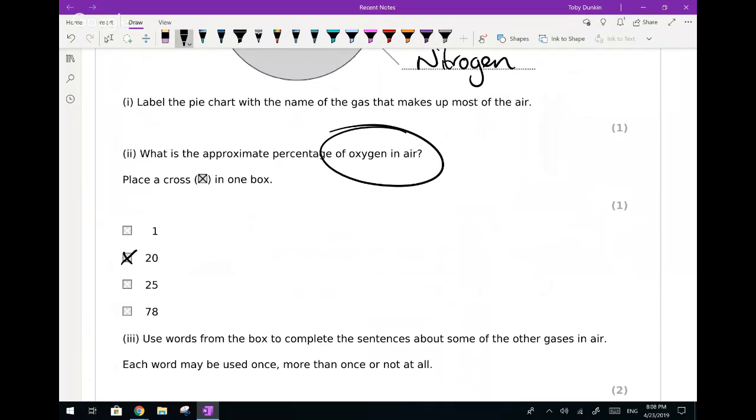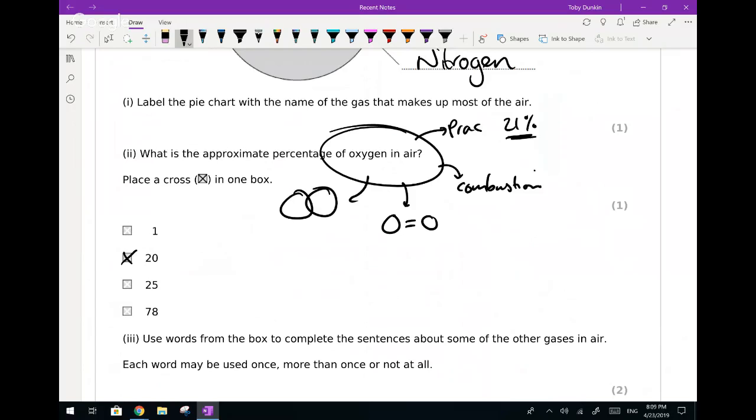You guys need to know the practicals that show the 21% oxygen in the air. There's practicals that show that. The rusting one, ugh, it's horrible. The candle one, ugh. We also need to know the combustion of oxygen. We also need to know that it's diatomic and that it has a double bond between them.